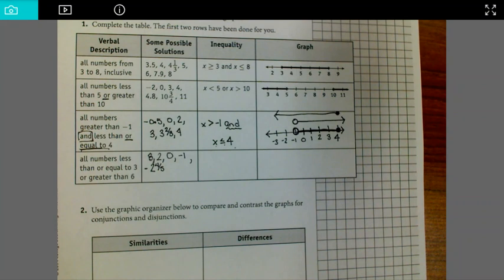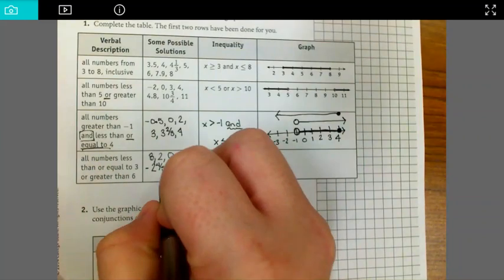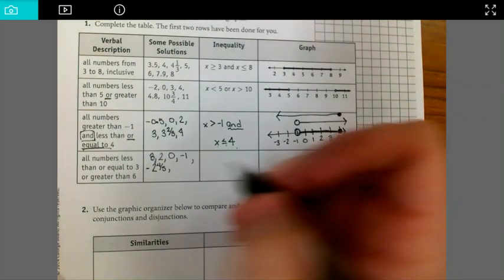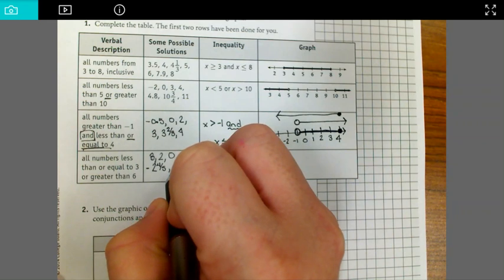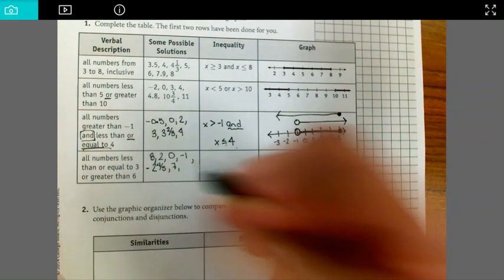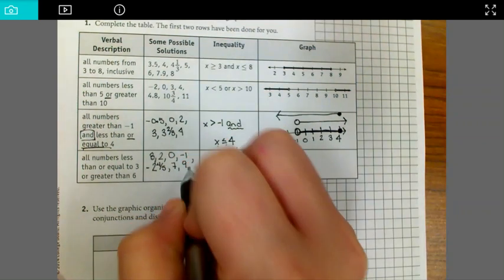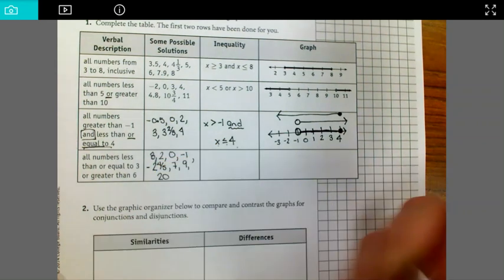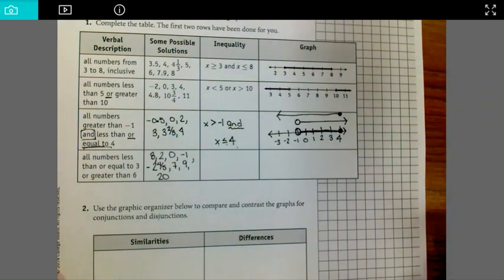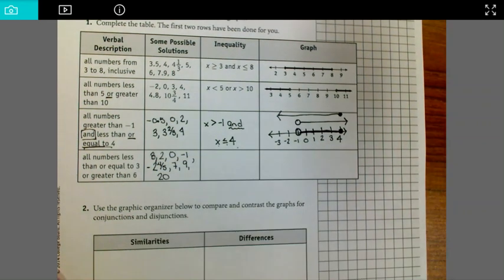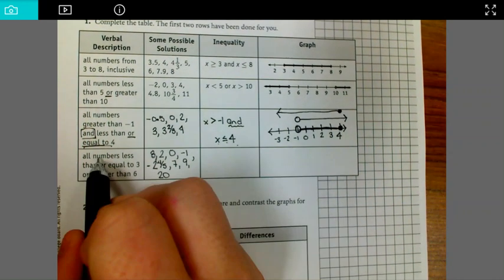And it says I also can include numbers that are greater than 6. So some numbers that are greater than 6 would be things like 7, 9, 20, and the list could go on and on, right? So how would I write these in an inequality form? Well, let's start with the first one.